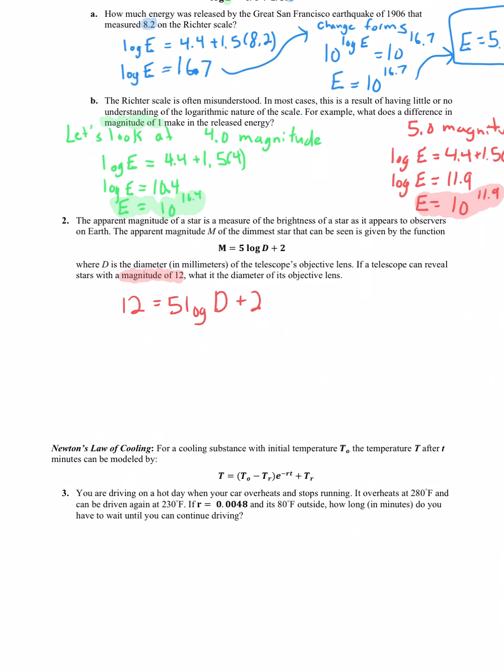If the apparent magnitude is 12, we start by subtracting 2 from both sides, and we get 10 equals 5 times log of d. Then we divide both sides by 5, and we get 2 equals log of d.